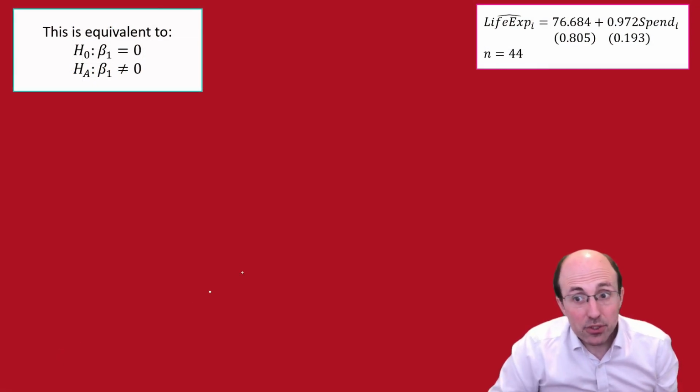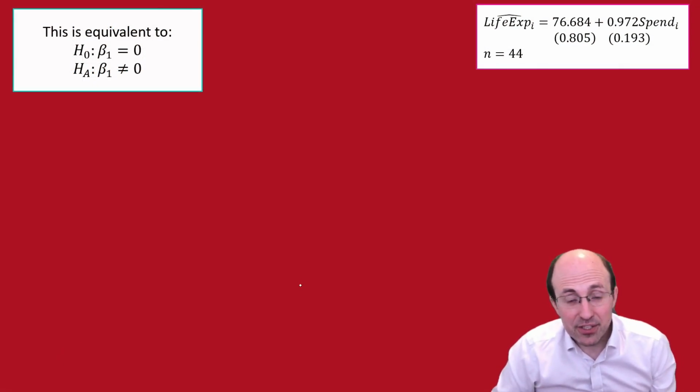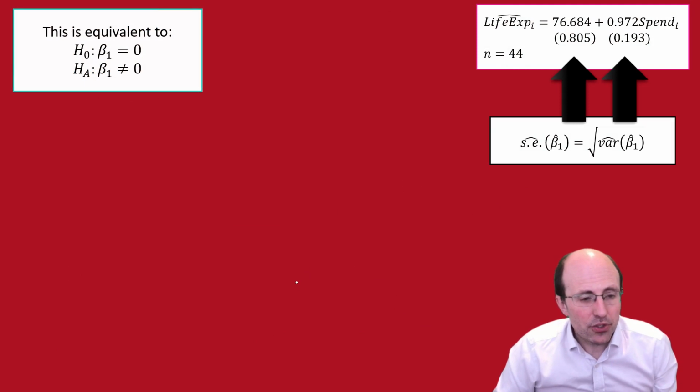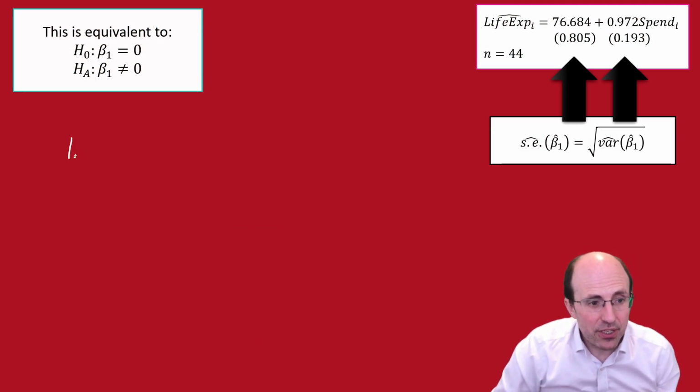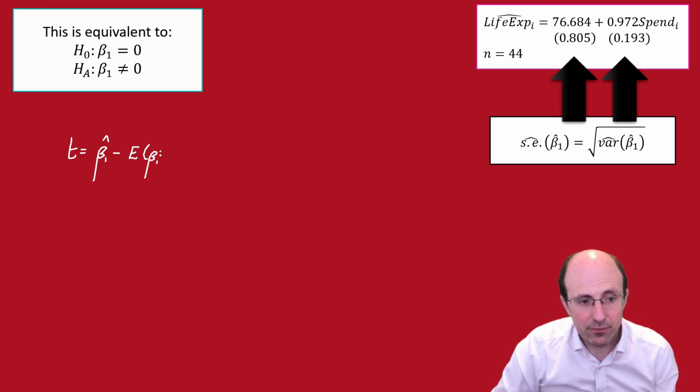So we've got our estimates, we've got our estimated standard errors. So we're going to need to construct a standardized test statistic. And the t-statistic, remember, is equal to our estimated beta 1 hat minus the expected value of beta 1 hat if the null hypothesis is true, divided through by the estimated standard error of beta 1 hat.